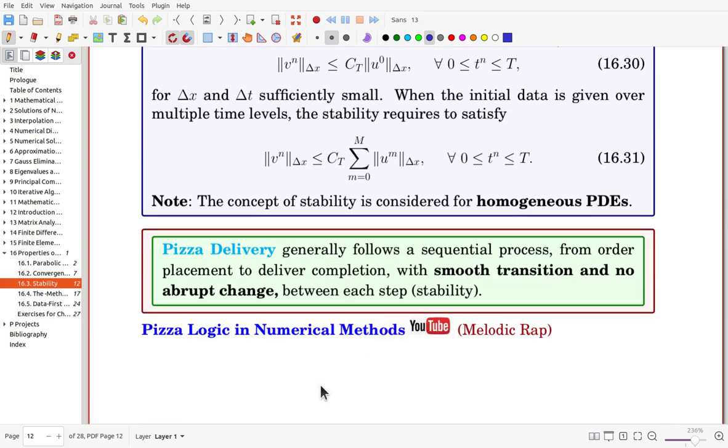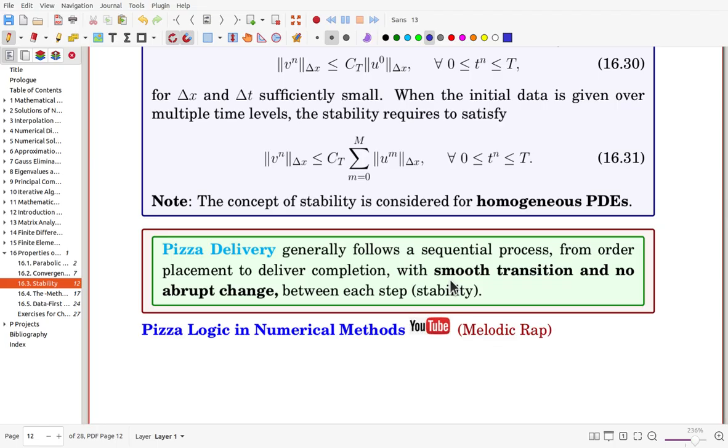In pizza delivery, it's done in this way. In pizza delivery, people generally follow a sequential process from order placement to delivery completion with a smooth transition and no abrupt change between each step.